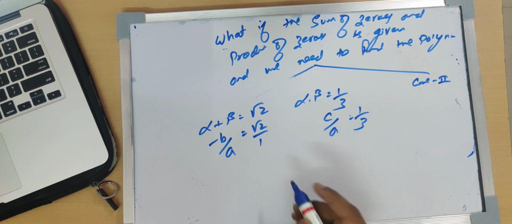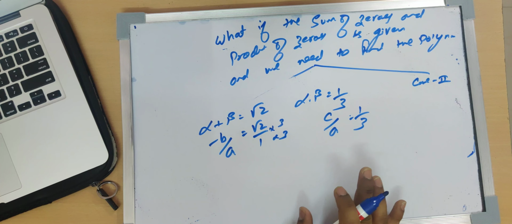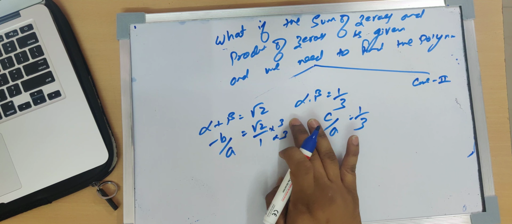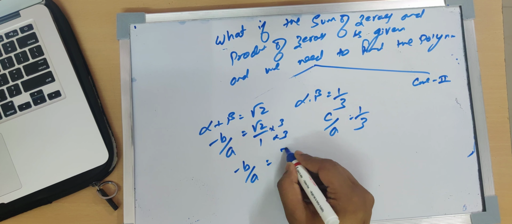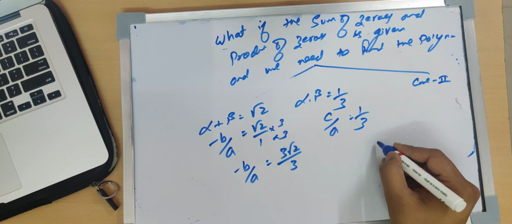So we will multiply this by 3. If they are the same, we directly compare the coefficients, but here we have to make the a the same, so that's why we are multiplying the numerator and denominator both by 3. So minus b by a will be 3 root 2 upon 3, and your c by a will be 1 upon 3.